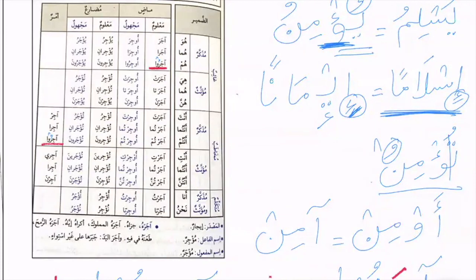So we put sukoon over here, and then we need to remove this ta, and I need to bring a helper alif with fatha, right? So it will become a'min. Again, a'min is not smooth, so instead it became amin. Okay, so that is going to happen, amin.